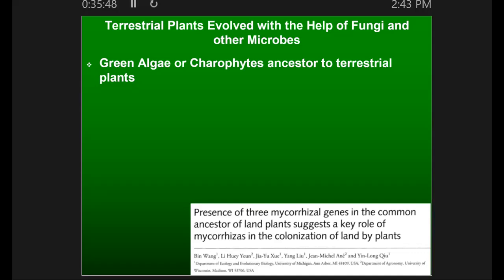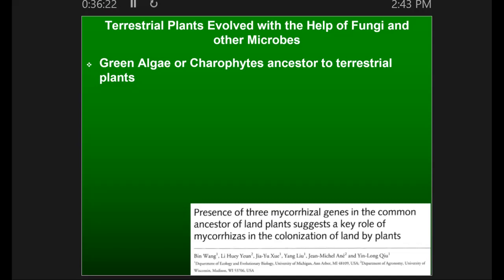Green algae, they think, were the ancestors to the terrestrial plant. However, fungi were really, really important. Most green algae are in water, either fresh water or the ocean. They think what happened was the green algae in the ocean had this migration onto the land. Can you imagine if you are an organism trying to shift from living in the ocean to living on land, making that huge shift and then surviving that?